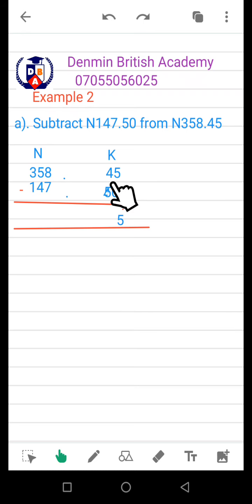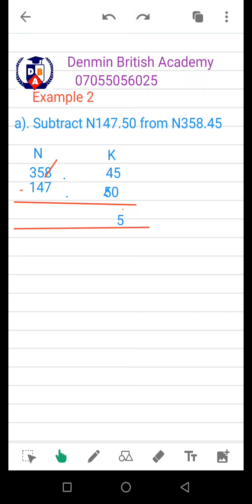The next we have is 4 minus 5. That is where the problem is. 4 is smaller than 5, so you cannot remove 5 from 4. So we need to come to number 8 here and borrow and say, number 8, please help us with 1.